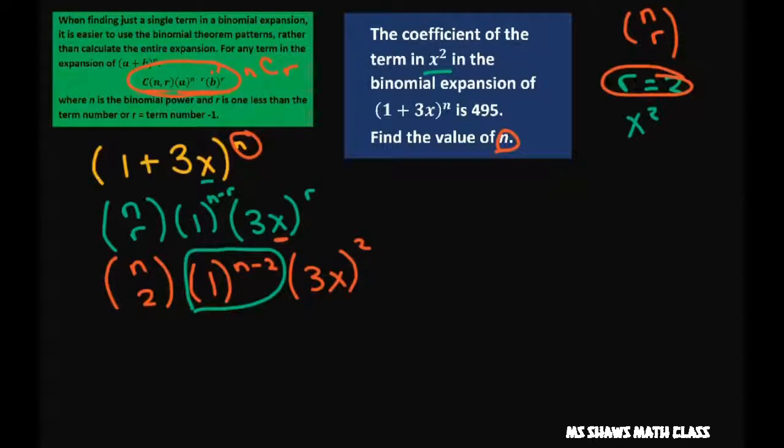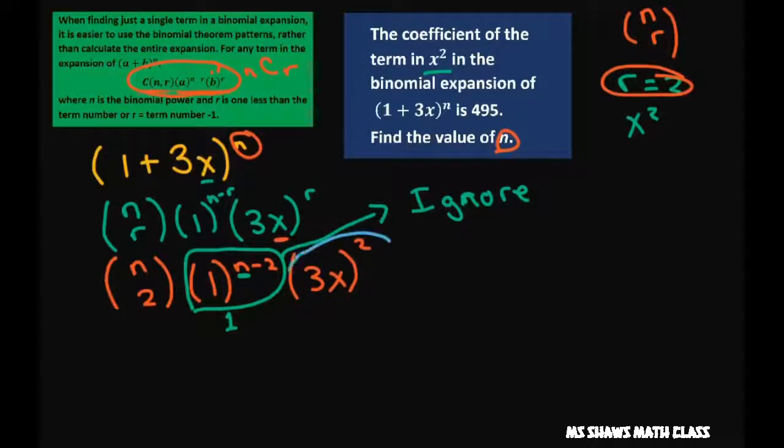Whatever n is, this answer is going to be 1. So I'm going to ignore this, because it doesn't matter what the n is going to be. It's going to be 1 times whatever we get. So that's just kind of extra stuff.